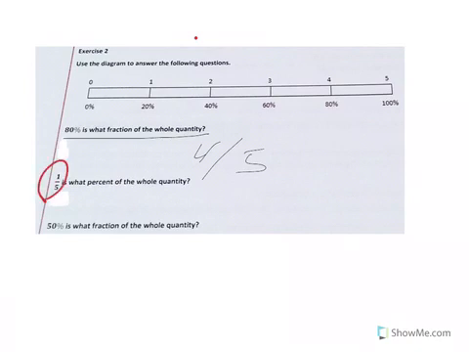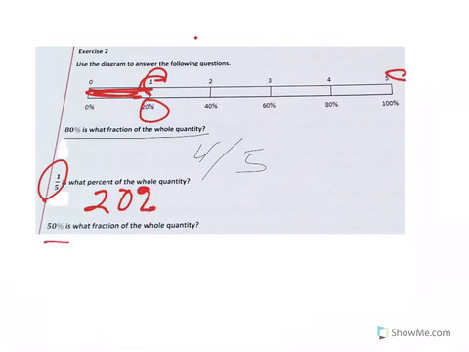1/5 is what percent? Well, I'm going to go over here to 1 out of 5, right? 1/5. The 1 correlates with the 20%, so I end up with 20%. Finally, 50% is what fraction? Well, we don't have 50%. We have 40 and we have 60. 50 would be right smack dab in the middle. 40 is 2/5. 60 is 3/5.